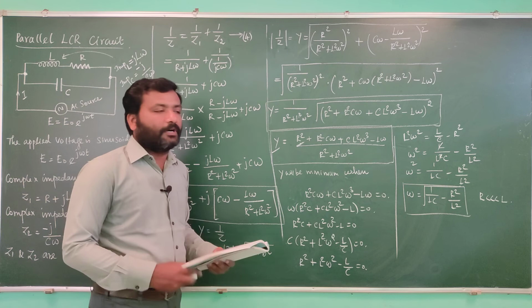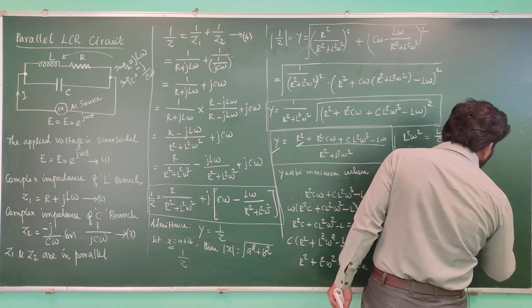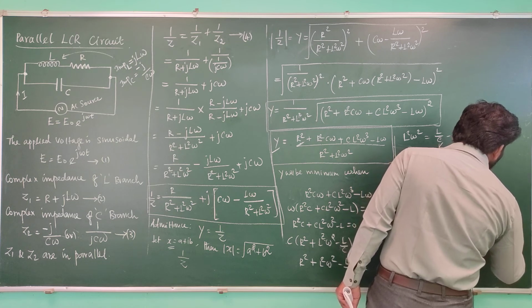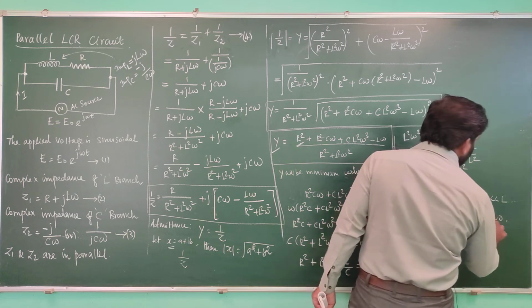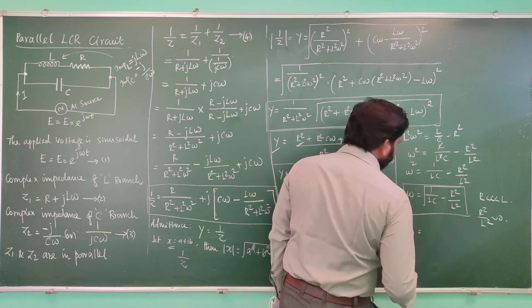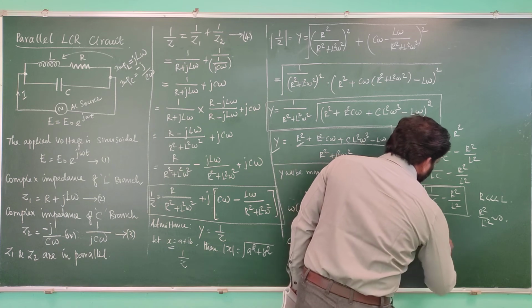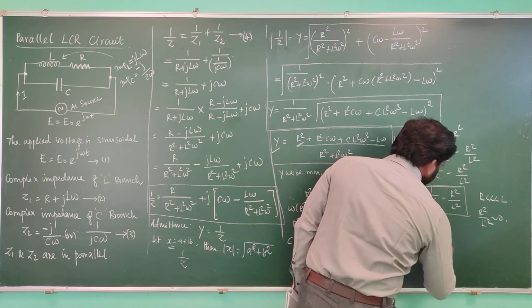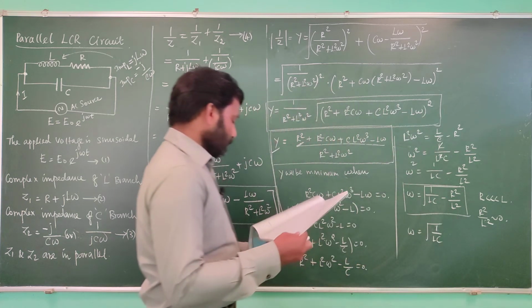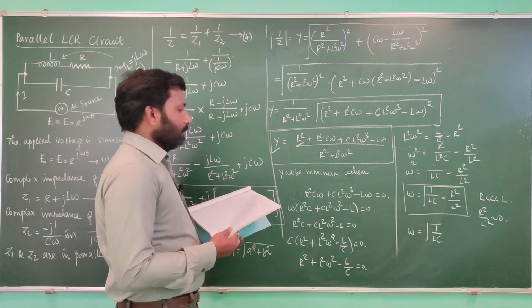In that case, r square by l square becomes almost 0, so omega becomes the square root of 1 by lc.